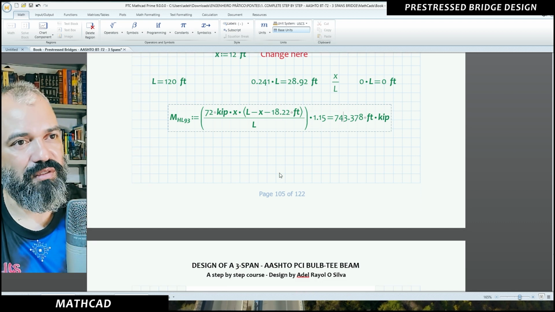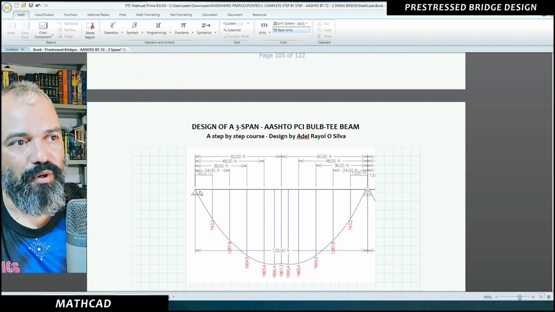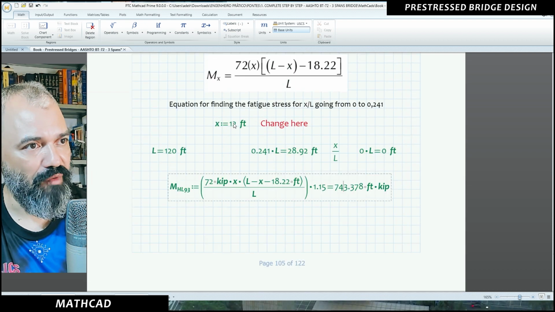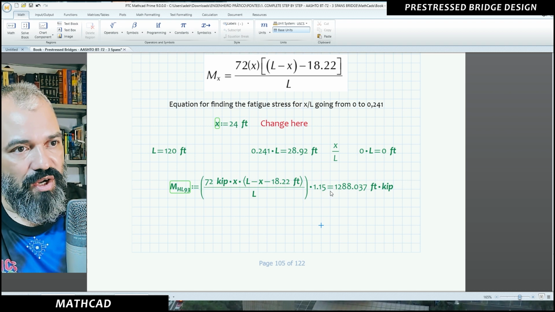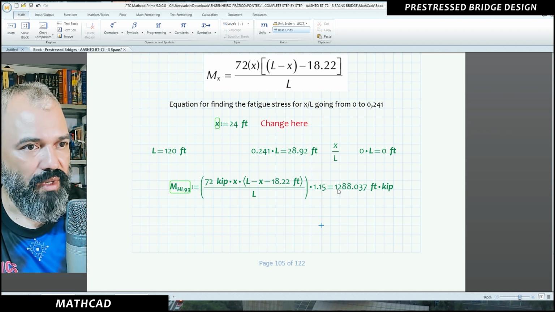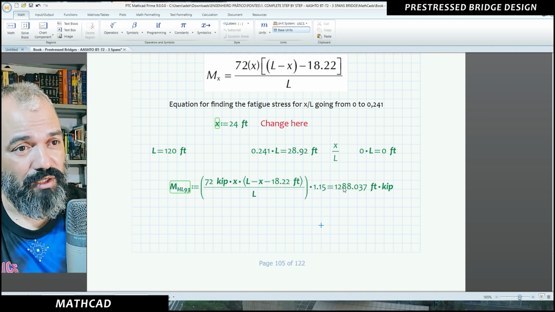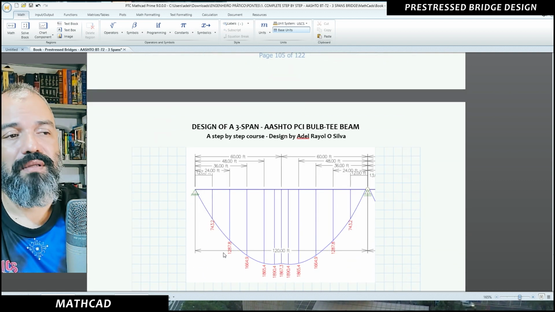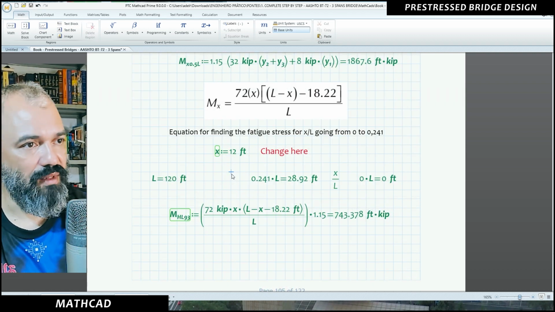It fits, perfect. Or you can analyze it at any point. Let's see, at 24, I'm putting here 24. Let's see what happens. The moment here is 1288. All right, so it fits perfectly.